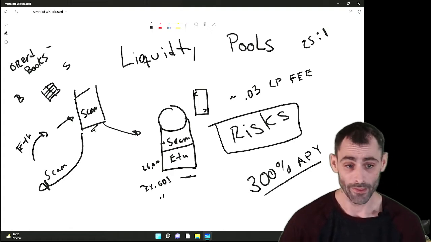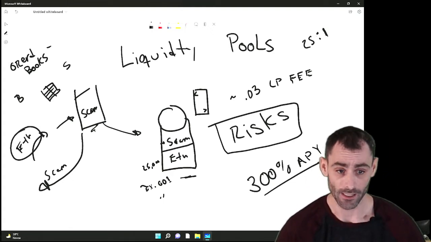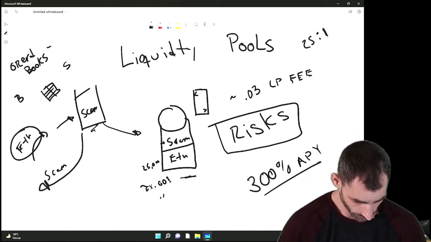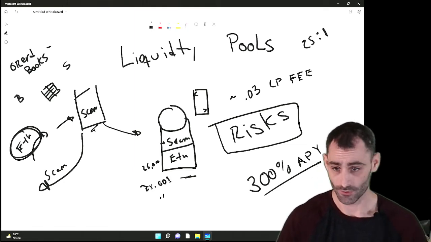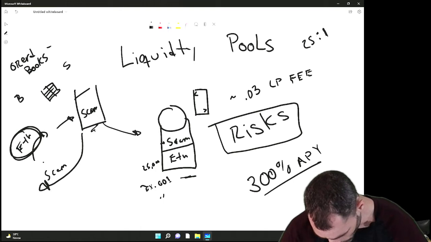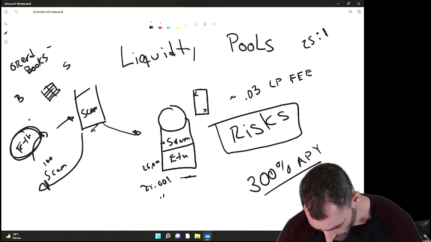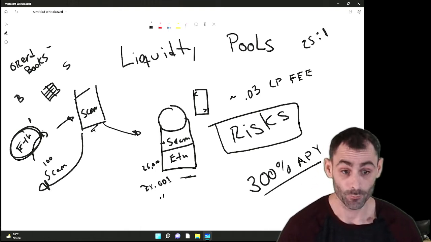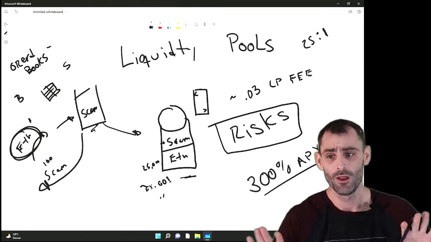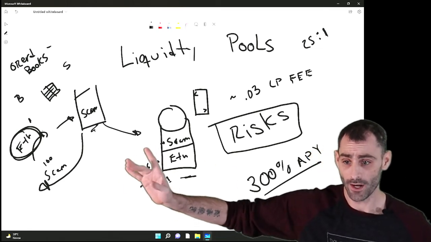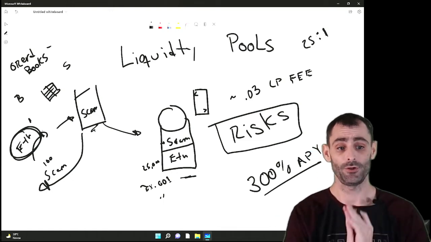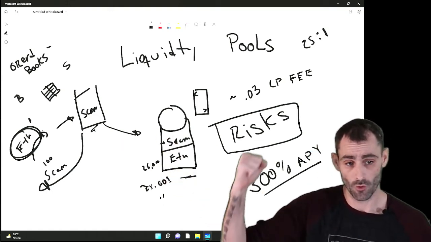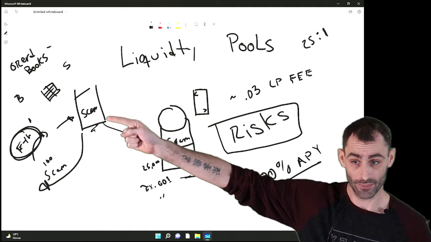Then they take this Ethereum. To give you an example, maybe they'll sell you 100 Scamcoins for 1 Ethereum in the pre-sale. It's a great deal, so you buy 1 Ethereum worth of Scamcoins. Boom, now they have 1 Ethereum.